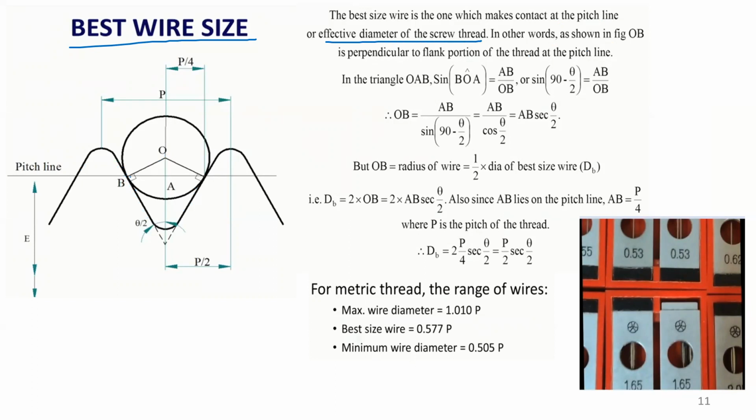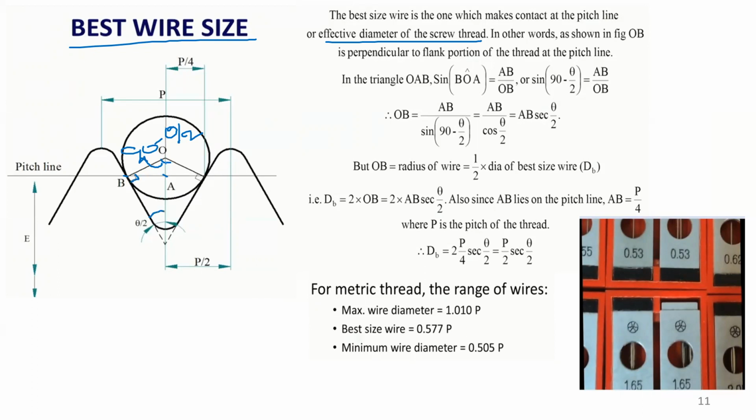So in the triangle OAB, this is O, this point is A, this is B. From the triangle OAB, here this angle is theta by 2, and this angle becomes 90 minus theta by 2, because this is 90 degree.